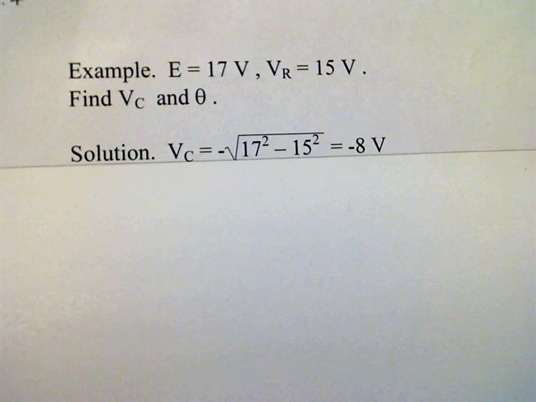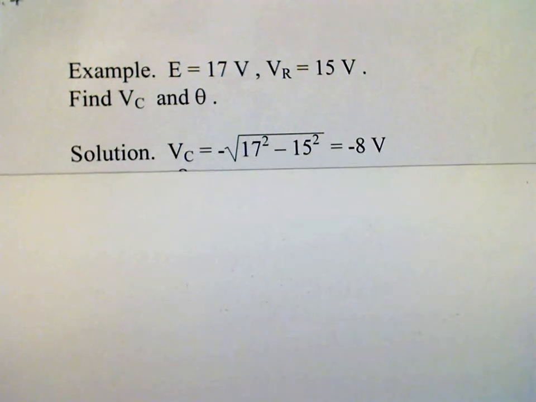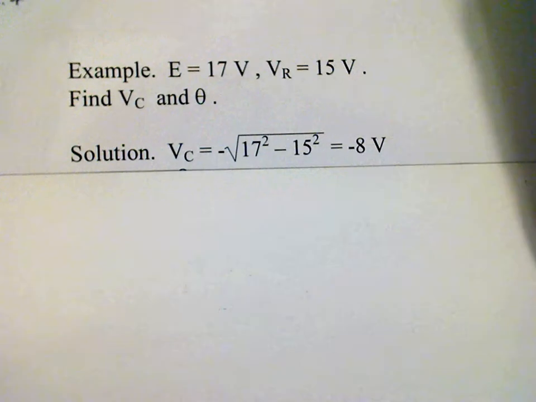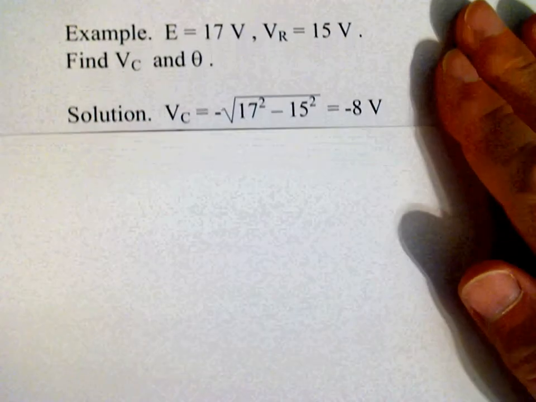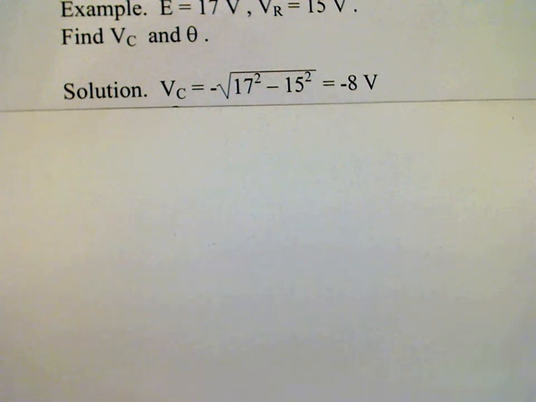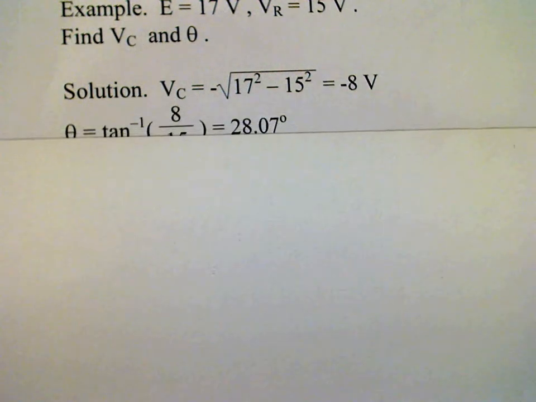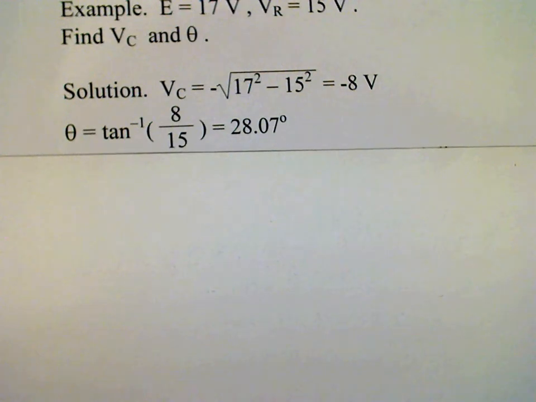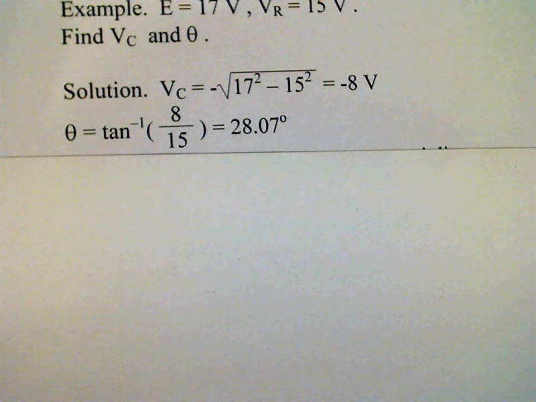So it's the square root of 17 squared minus 15 squared, and that turns out to be 8 volts. And again, conventionally we have the negative sign here, but if you leave out the negative sign, I'm not going to be too concerned about that. And then the phase angle: capacitive voltage divided by the resistive voltage, and then take the inverse tangent. The answer is 28 degrees.